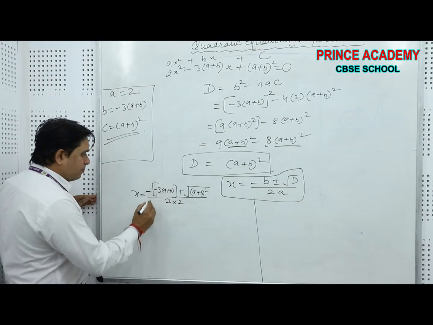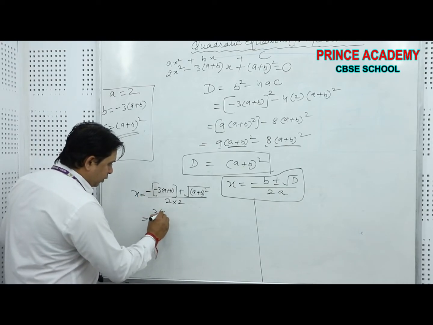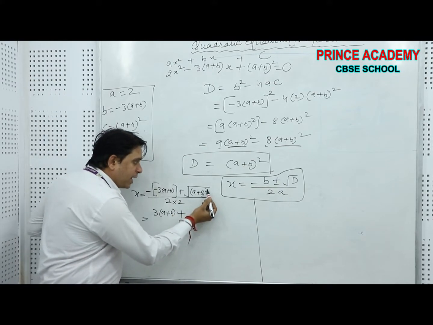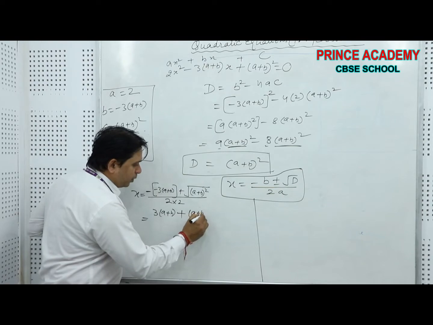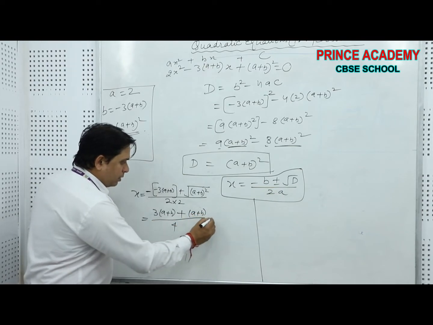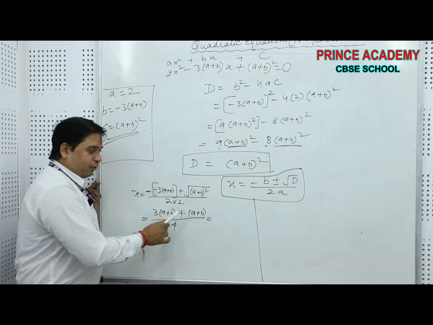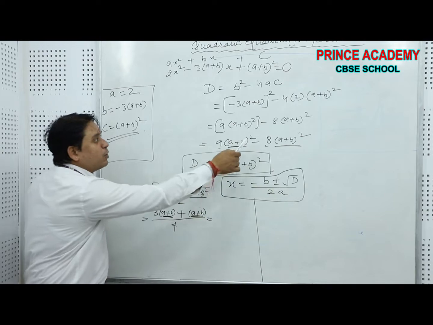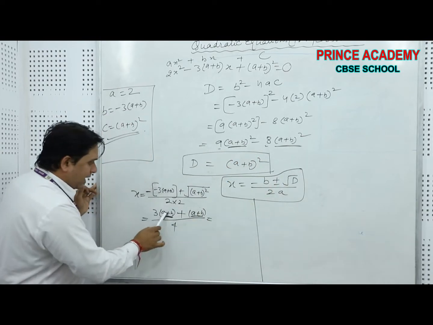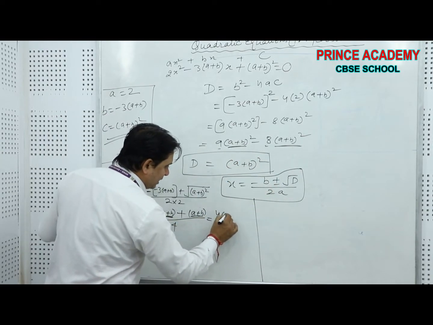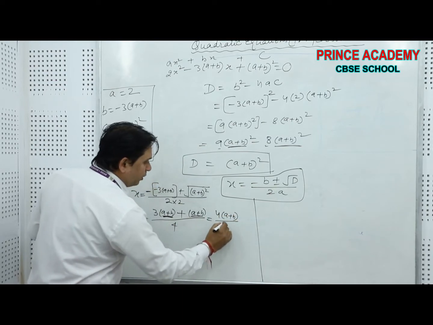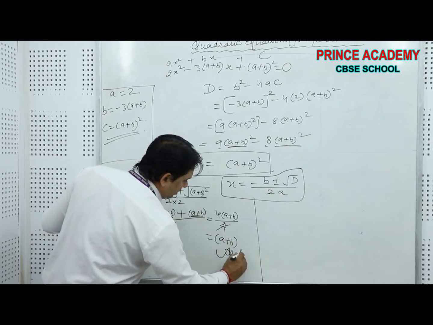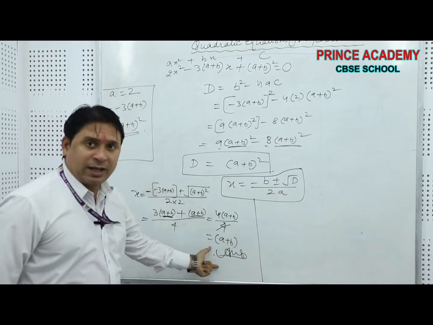Okay, now see, minus minus plus 3 into (a plus b), plus, see beta, the square will remove the root, it will be (a plus b) by 4. 3x plus x is 4x, because these are like terms, like 9x minus 8x here. 4x divided by 4, 4 cancels 4, what is the output? a plus b. This is the first root we got.